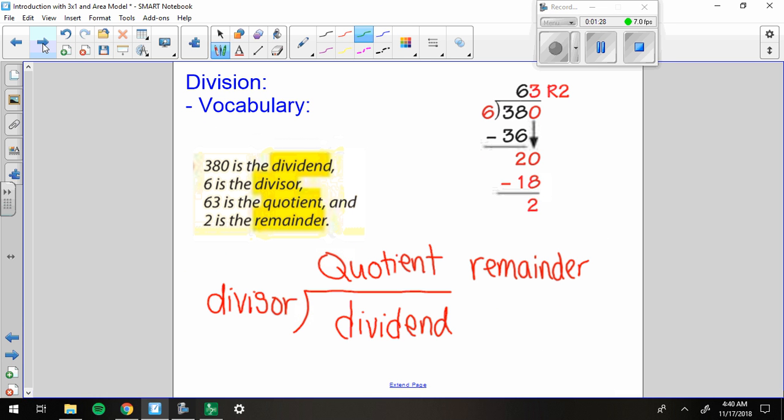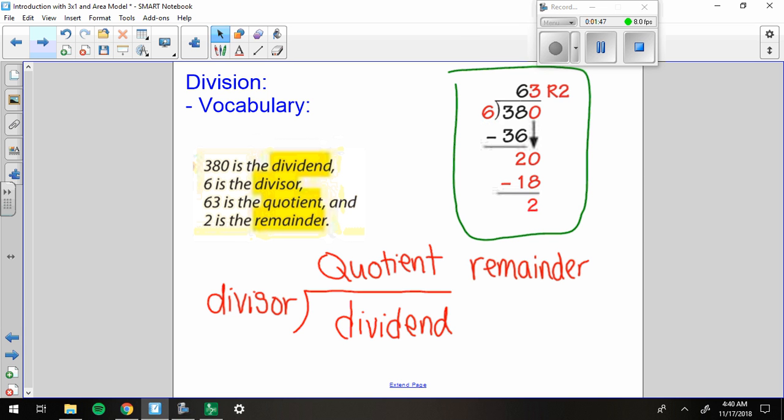The first thing I want to cover is a little bit of vocabulary for division, because it might get a little confusing. If we look at this problem right here, 380 divided by 6. The number 380 is called our dividend. It's inside. So, like I said, the number 380 here is our dividend.